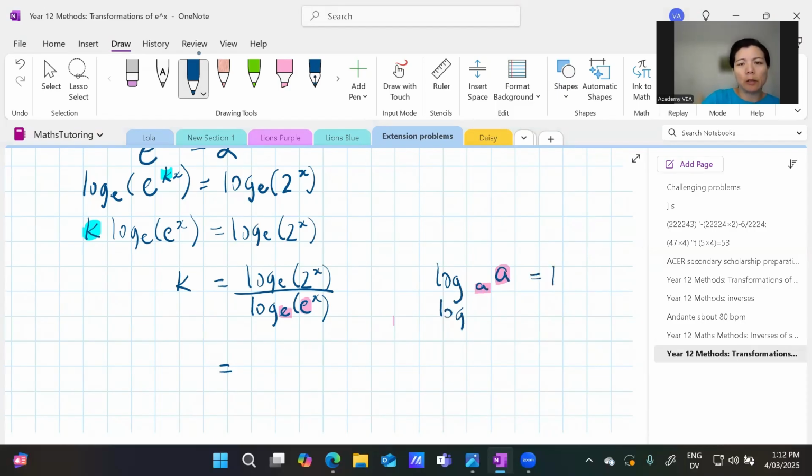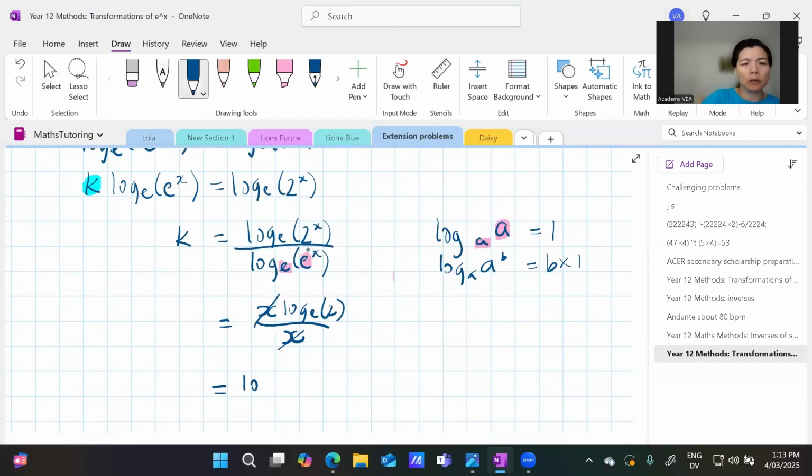And so log to the base a of a to the power of b equals b times 1, because b comes down to the front using the power rule. So you could have had x down the bottom here and x log e of 2 up here as well. Your x's will cancel, and that gives you log to the base e of 2.